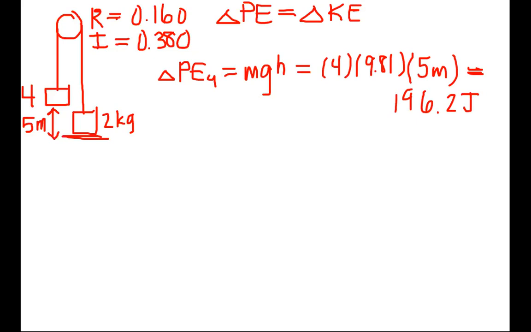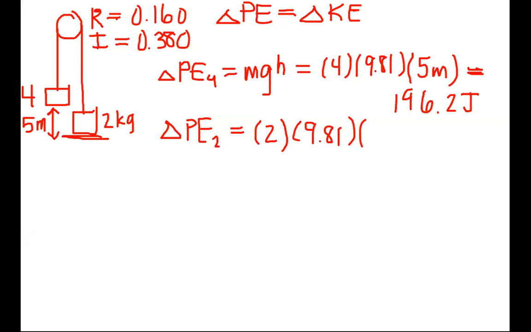The 2 kilogram box also had a change in energy, which would be equal to, again, m, mass, times gravity. And what would the change of height be in this part of the problem, Josh? Well, they're connected by a string, and for the sake of this problem, we're assuming this string cannot stretch at all.